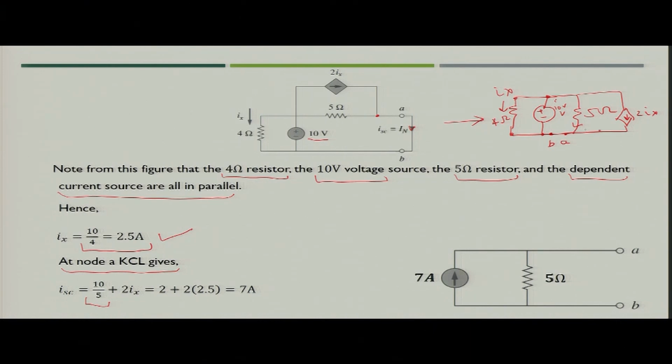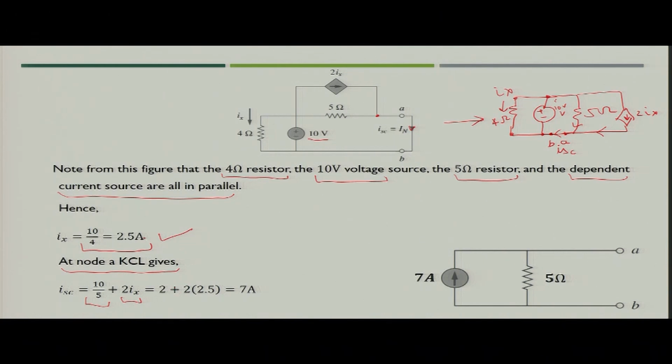So, if you see this and this is coming here, and this is what value? This is short circuit current, because it is between A, B. So, if you see current flowing between A, B, that is Isc, is nothing but current flowing through resistor 5 ohm as well as current flowing through the dependent current source. So, now Isc is nothing but 10 divided by 5 plus 2Ix.